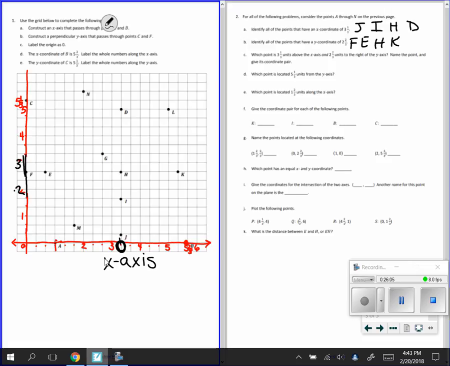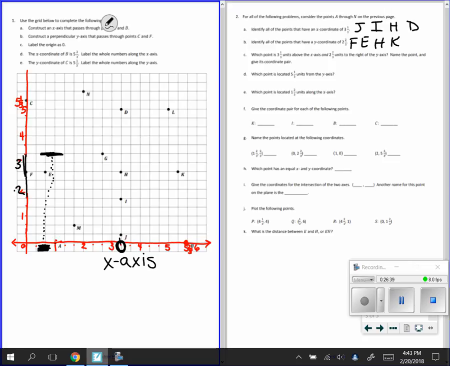Which point is 3 1/3 units above the x-axis and 2 2/3 units to the right of the y-axis? So I'm going to go 3 1/3 units above the x-axis. So if I'm here on my x-axis, and I need to go 3 1/3 units above it, here's 3 1/3 units above the x-axis.